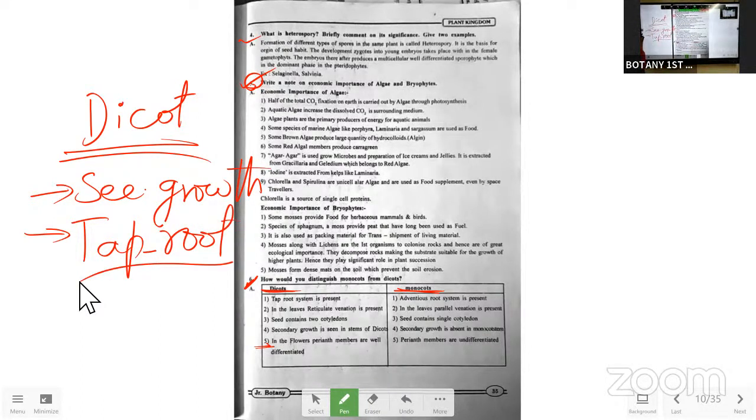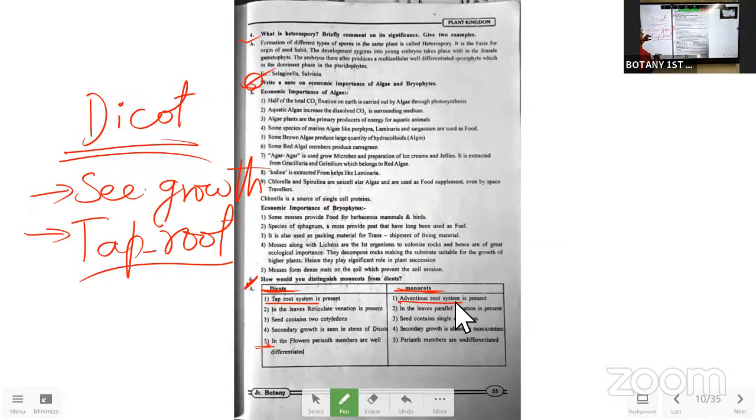So what we will write first is the root system in the plant body. Dicots are having the taproot system. You can cut short the sentence and say it is having taproot system. And in the monocots, the root system is adventitious root system. This much you can write, very short points, but relevant points.